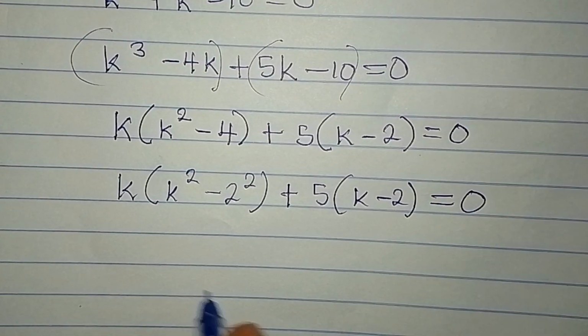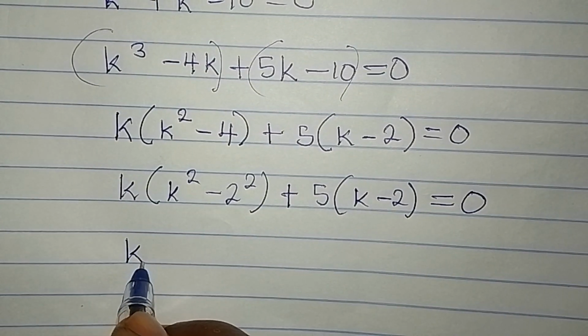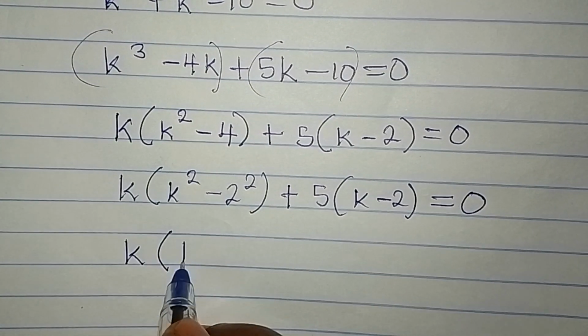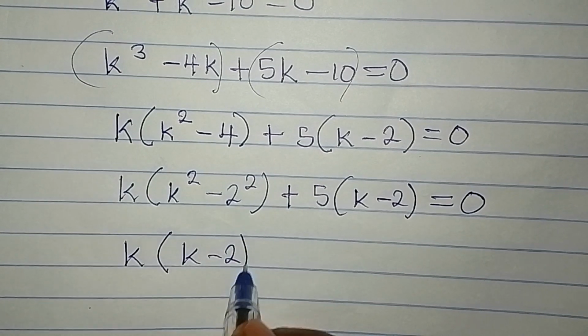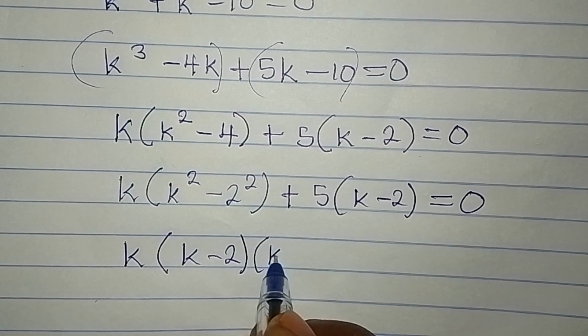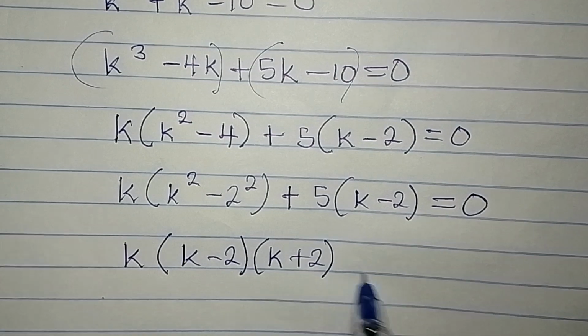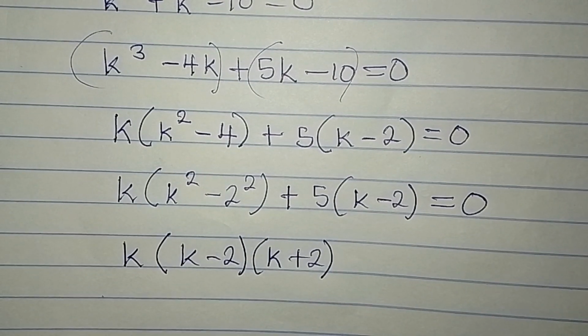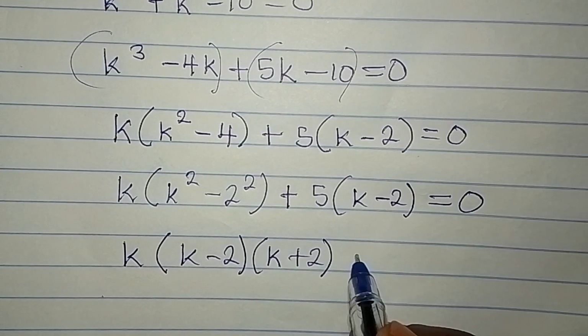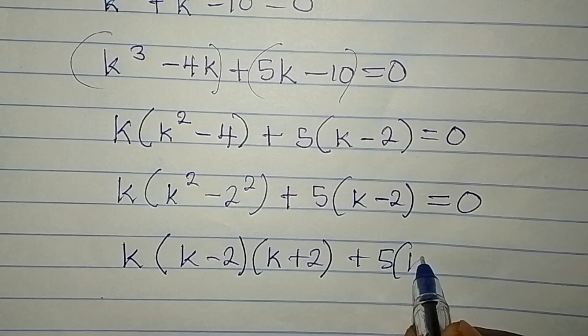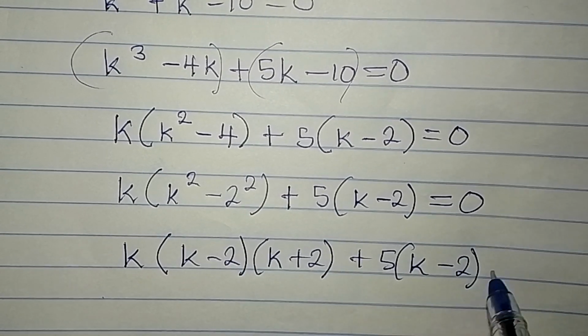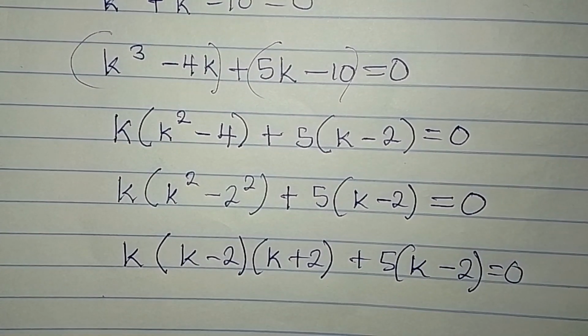Now, what should I do? K is here, into, from difference of two squares, k minus 2, k plus 2. Close this. And if we do that, we'll be having plus 5 into k minus 2 equals 0.